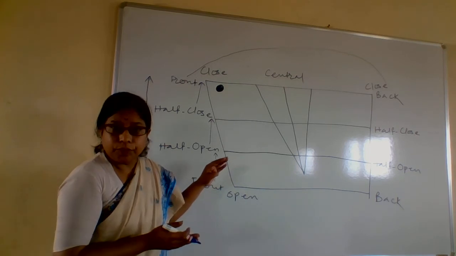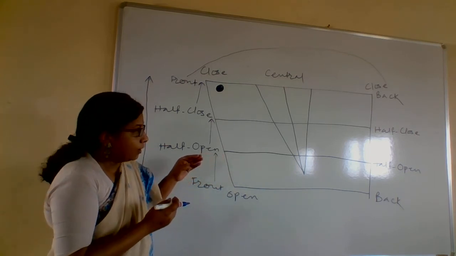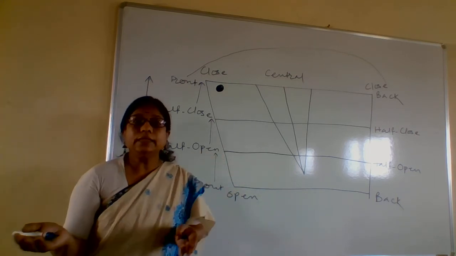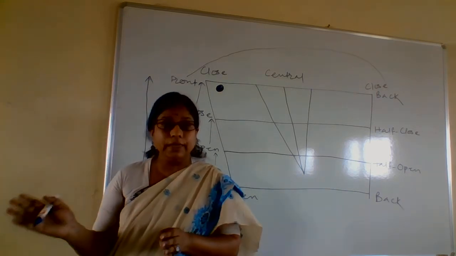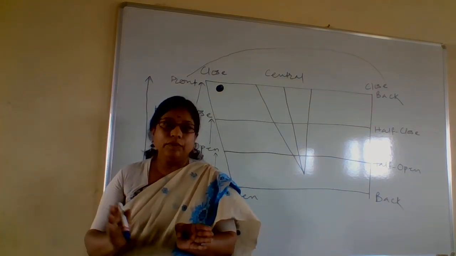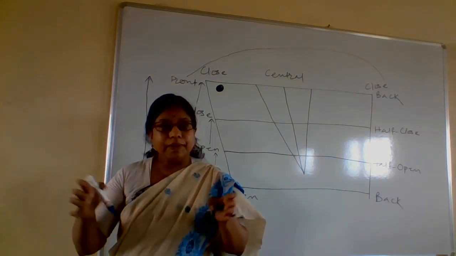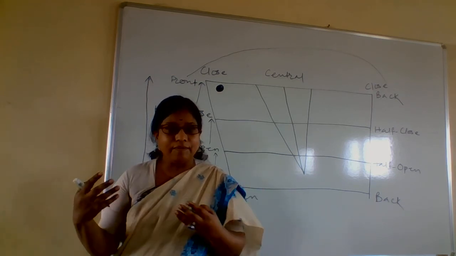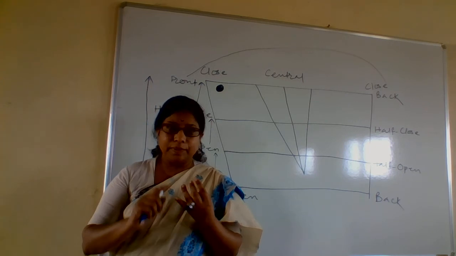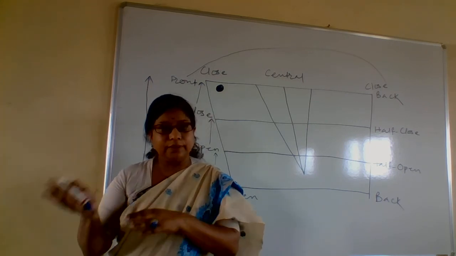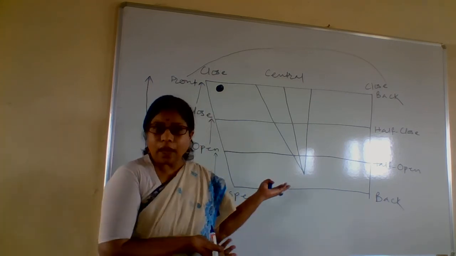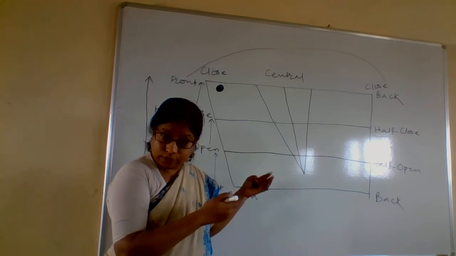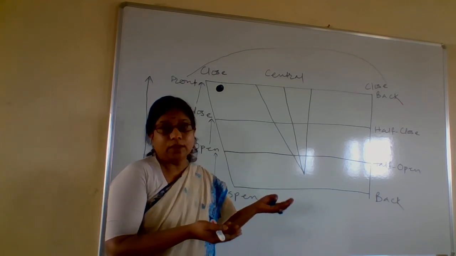In the next video, we will discuss the three-term labels for the 20 vowels. That is, we will give them separate names, individuality. Like we have a name, first name, then father's or husband's name, and then the surname. That is how the vowels are to be given names, labels.